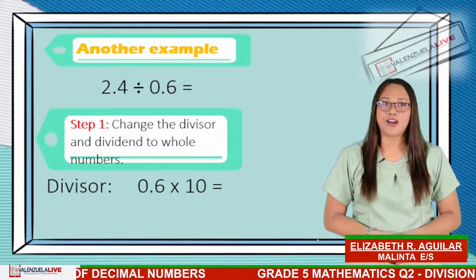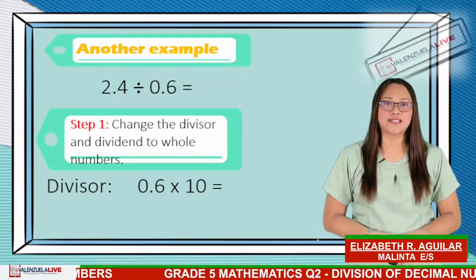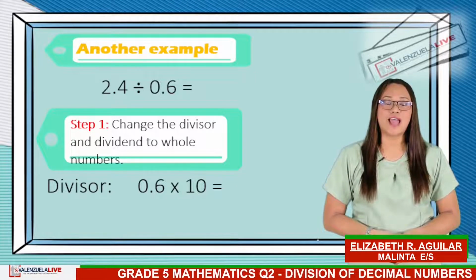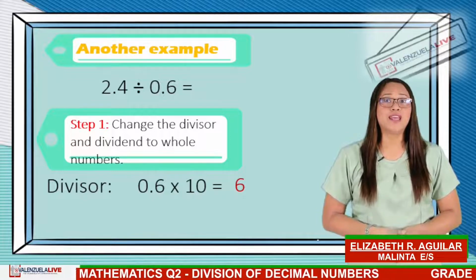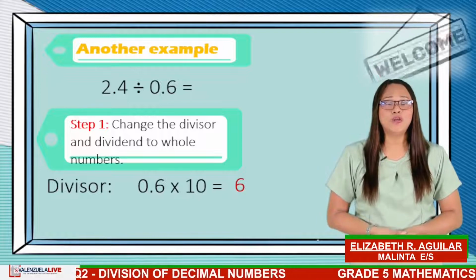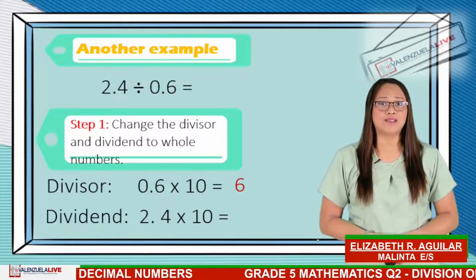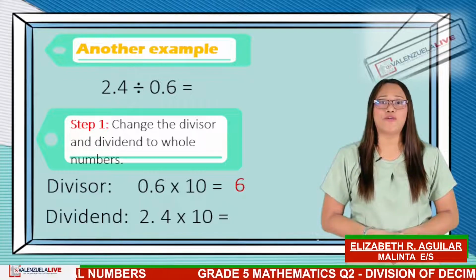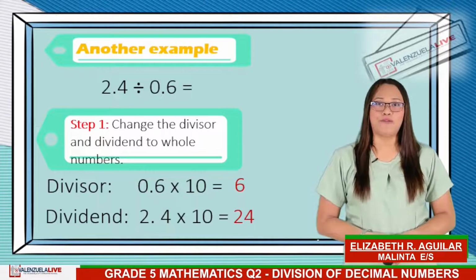So we are going to use the 10. All right, so 6/10 times 10 is equal to 6. And so with the dividend, if you multiply the divisor by 10, you need also to multiply the dividend by 10. So we have here 2 and 4/10 times 10 is equal to 24.